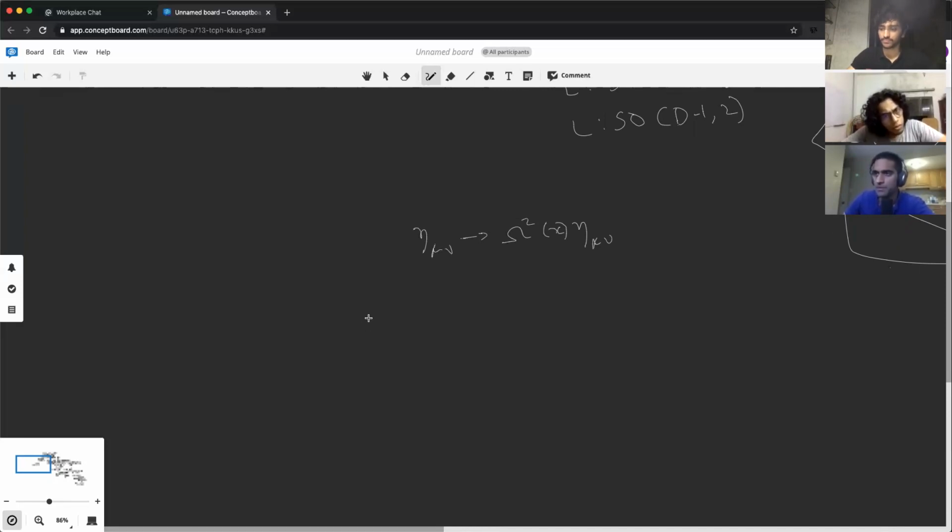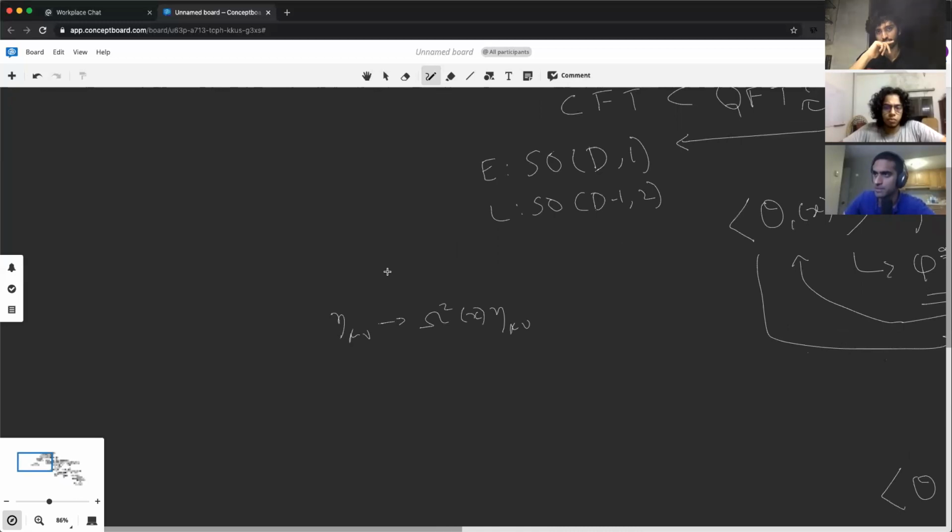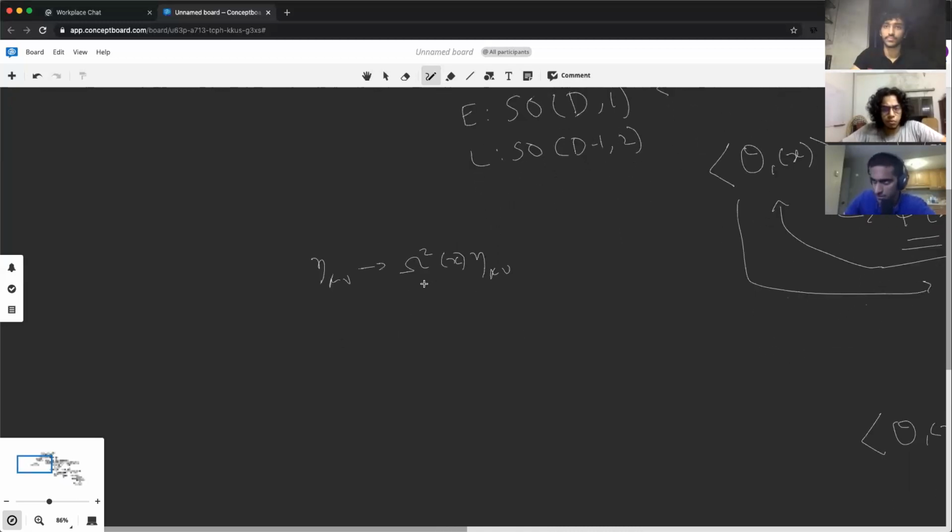There's a way of playing this game where you say, okay, I'm skipping ahead a little bit, because the regime where omega is constant and not a function of x is the regime of what are called scale invariant field theories. So scale and conformal invariance are not really the same thing.